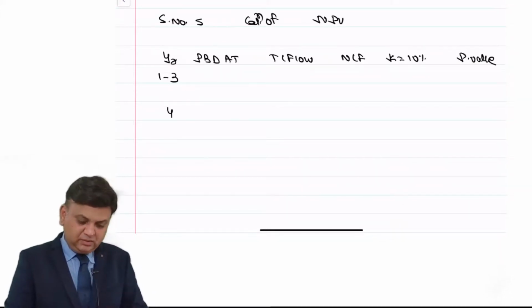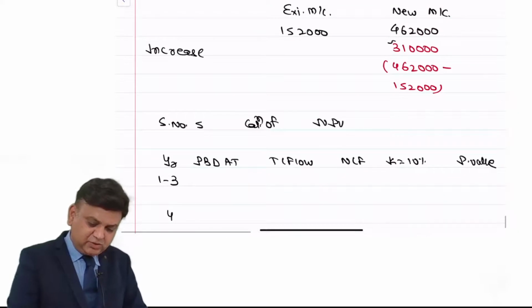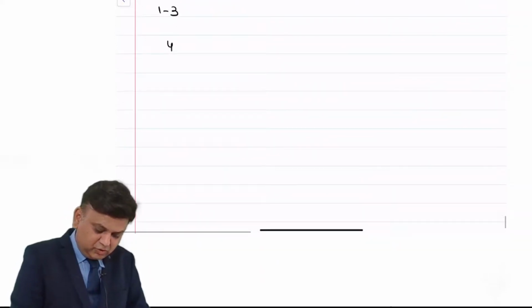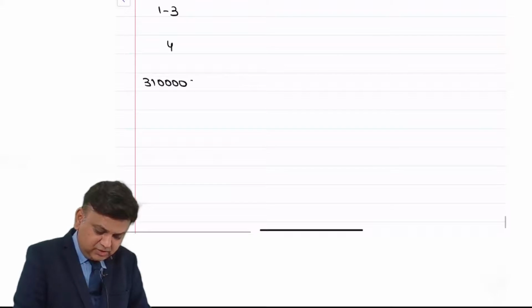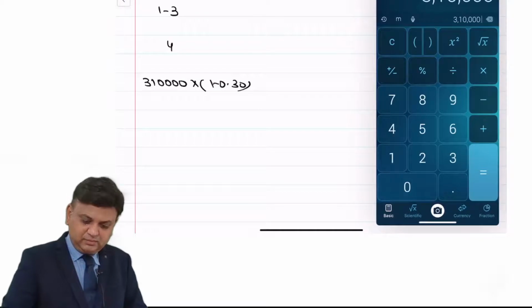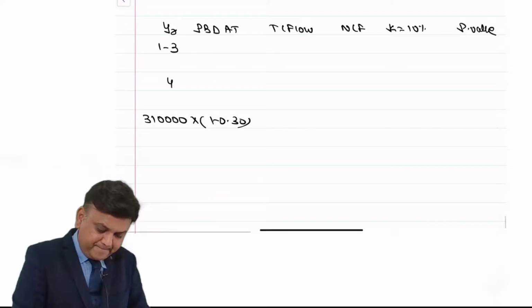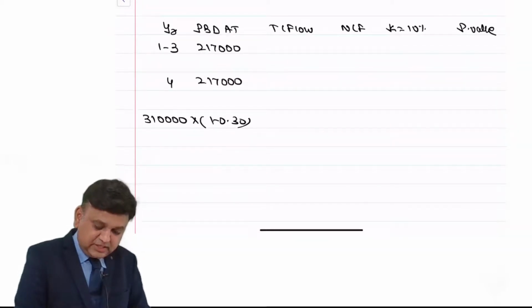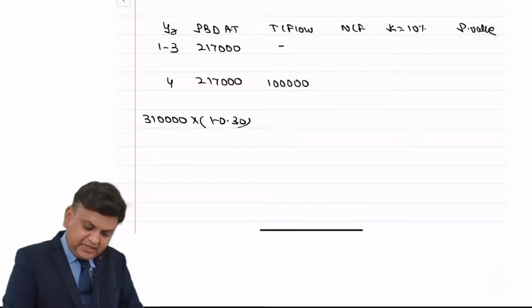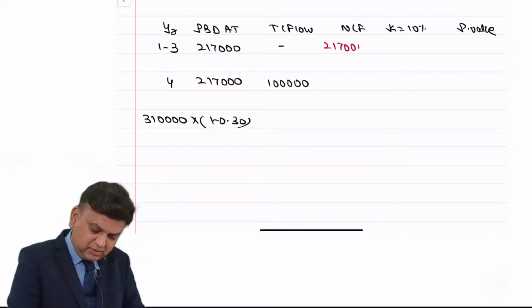Let me explain you. 3,10,000 is pre-tax. So what will happen, dear students? It is 3,10,000 into 1 minus 0.30. So it is 2,17,000 profit before depreciation after taxation. This is the incremental one. Incremental terminal cash flow is 1 lakh. Net cash flow is 2,17,000 and then it is 3,17,000.